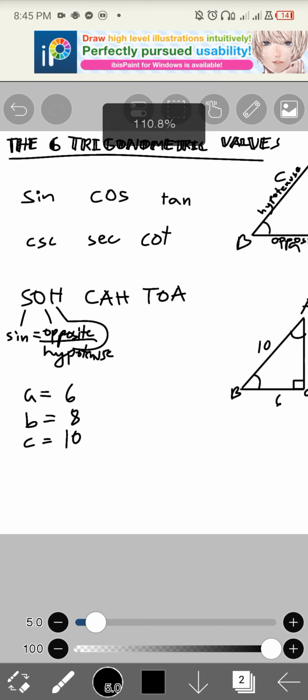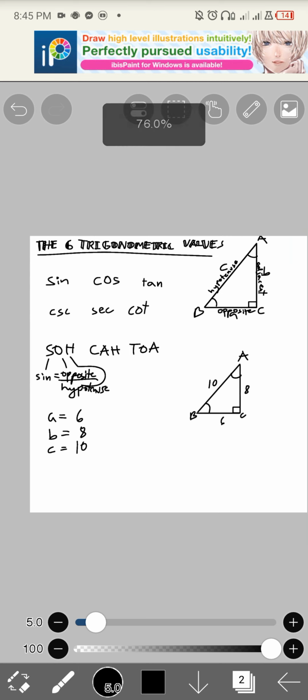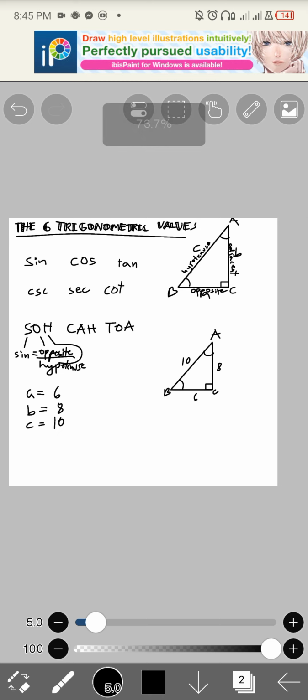So let's say we want to find the sine of angle A. So i-substitute na to.